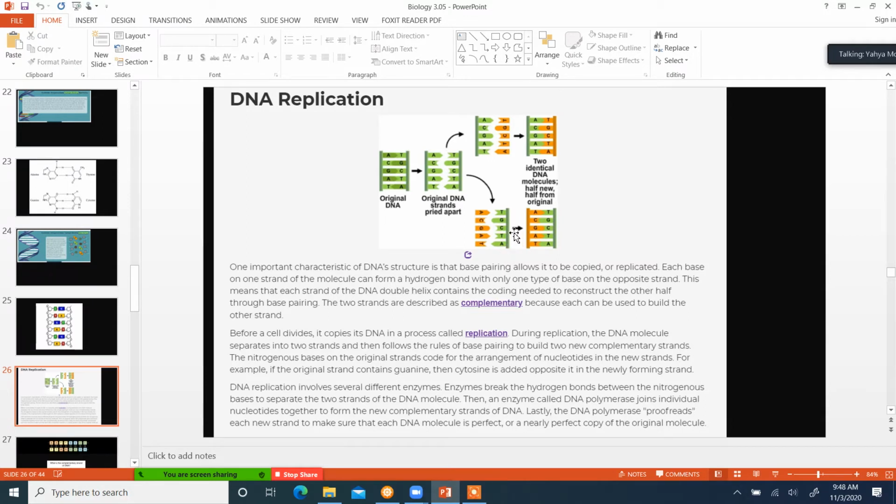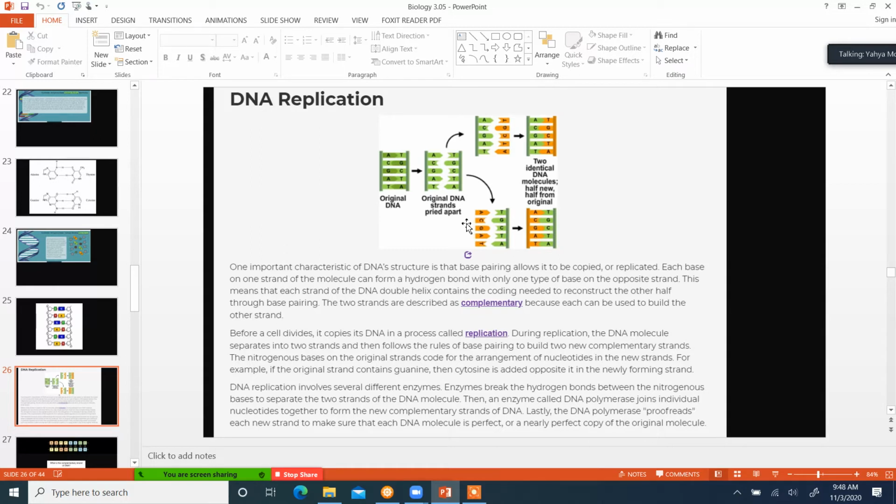Correct. So you notice that if this was a T, you see this one is a T here at the top, you know that the other one can only be A. And if you go back to the original, you can see that one was also A. Because of the rules that A can only go with T and G can only go with C, if you take them apart, you can reconstruct another DNA strand for each one, and now all of a sudden you have 2 pieces.